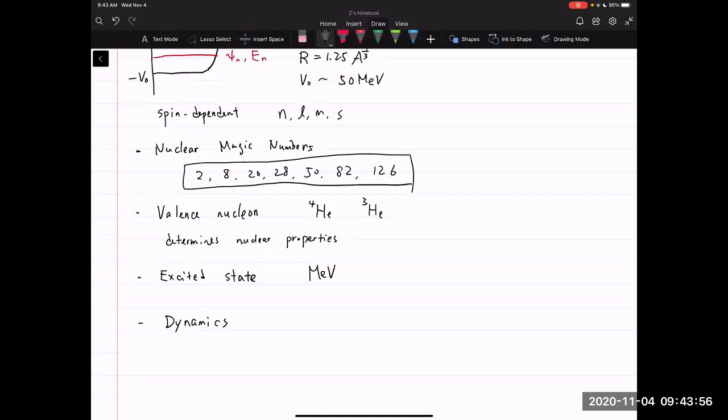And the key result is this set of magic numbers. In atomic physics, we have a different set of magic numbers. Many of the numbers here are the same, but when we go to the larger numbers, because of the splitting of energies, they have different degeneracies, different energies corresponding to the same n. Then we end up with slightly different magic numbers.